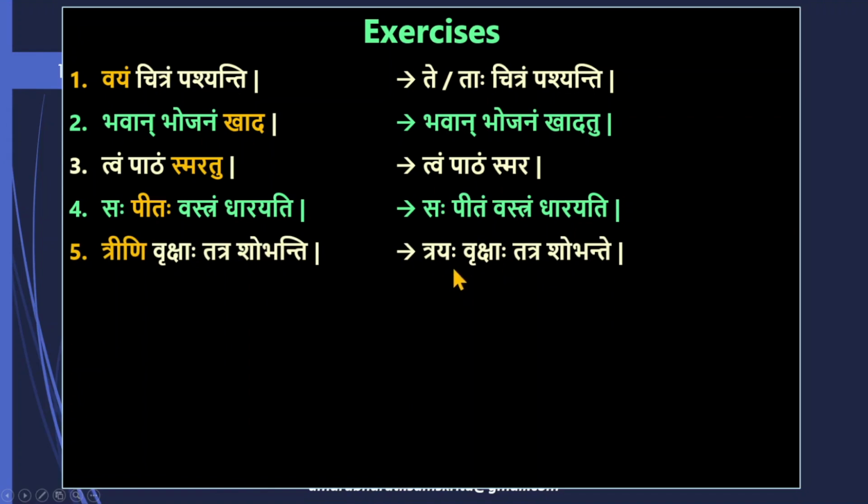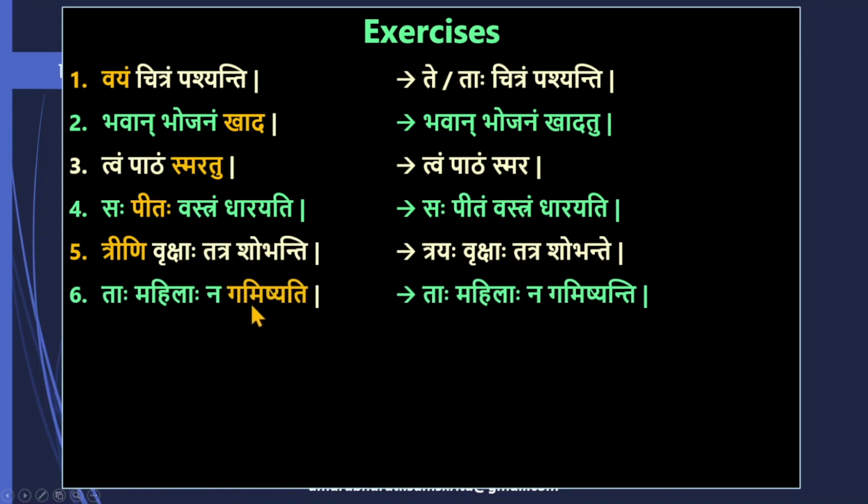Trayaha vrikshaha, because numerals. Trayaha vrikshaha tatra shobhante. Next, taha mahilaha na gamishyati is wrong. Na gamishyanti, taha mahilaha is bahuvachana pada. Taha mahilaha na gamishyanti. Tvam kim kriyate is wrong. Tvaya kim kriyate, it is a karmani prayoga sentence.